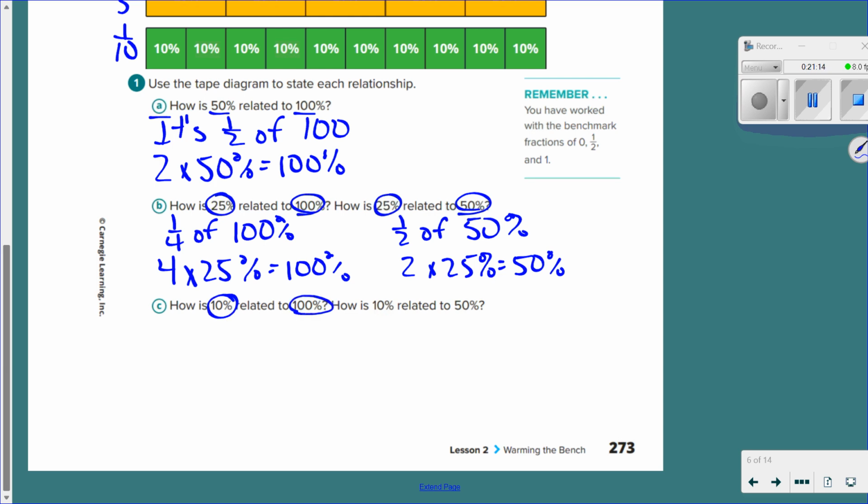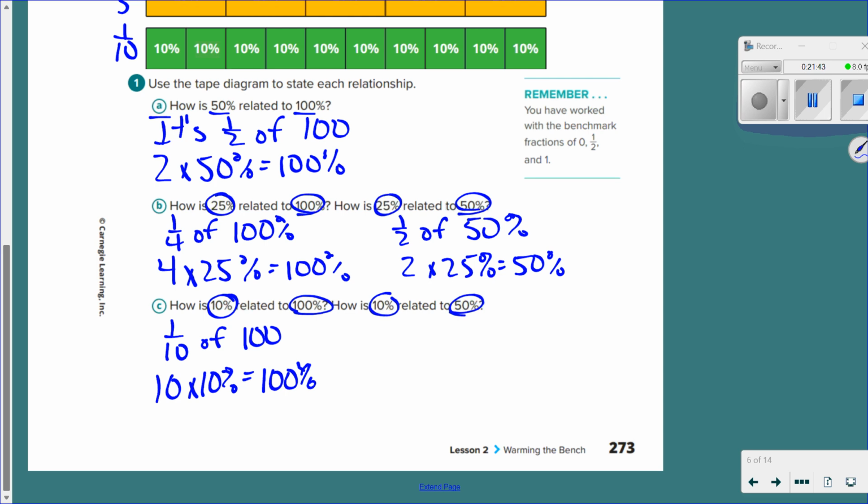Okay, what about 10% related to 100%? What do you think, Lena? It's like 1/10, right? So it's 1/10 of 100, or I could say 10 10% gives me 100%. What about 50%? How's 10% related to 50%?